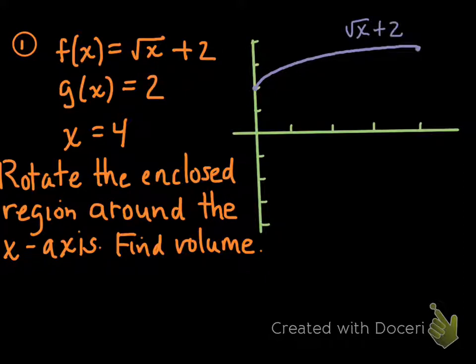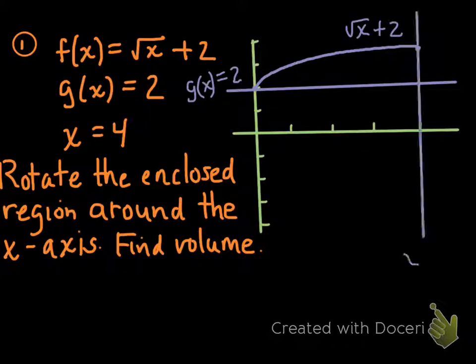First is the graph of root x plus 2. It's just our parent function of root x translated up 2 units. You guys have been down that road. This is g of x equals 2, again the horizontal line piercing through the y-axis at y equals 2. And then the third equation, just this simple vertical x equals 4.